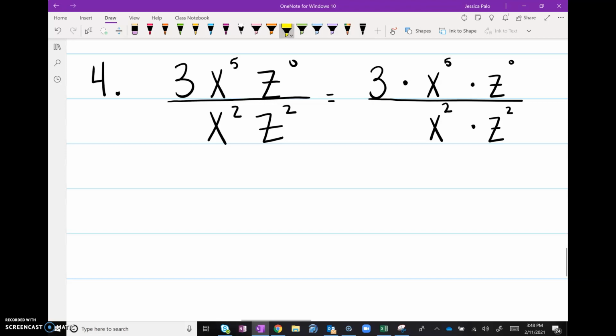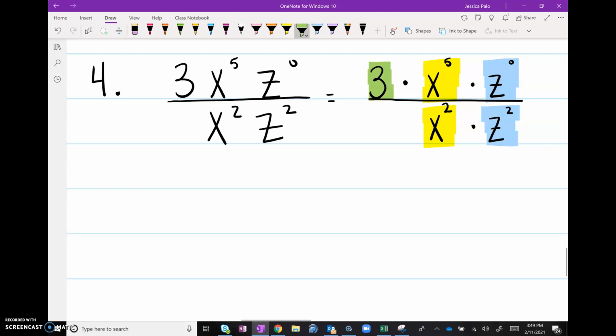Notice how I line up my matching variables. I put the x's right on top of each other and the z's right on top of each other. And then we also have a coefficient over here, this 3.